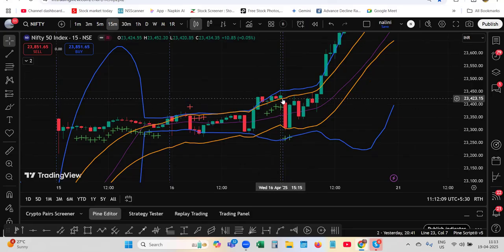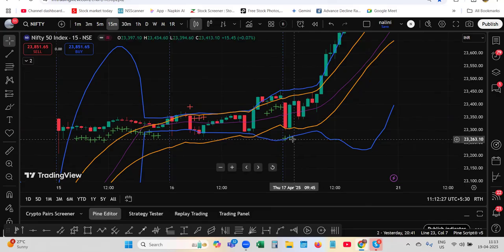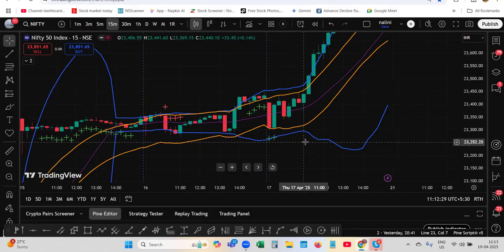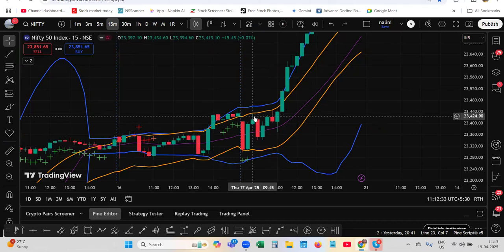And the morning on Thursday, it was a huge drop-down candle, but it did not touch the Bollinger Band. Okay, you are seeing a divergence. When you see the divergence, automatically this indicator will plot a plus sign, so that here there was a contraction and expansion started over here.